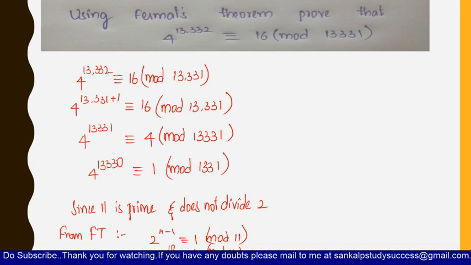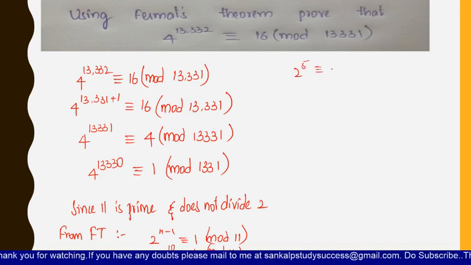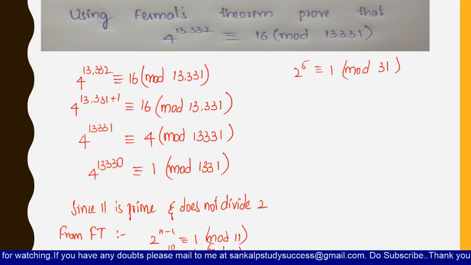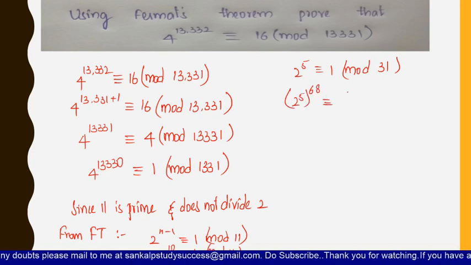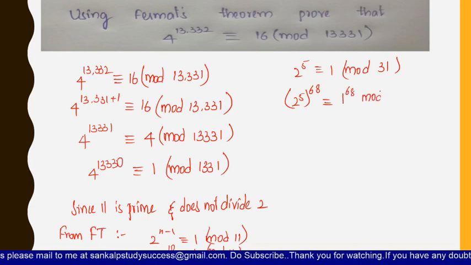So what happens is, now 2 to the power 5, if you consider 2 to the power 5, then again it becomes 1 mod 31. Am I correct? 2 to the power 5 is nothing but 32 and 1 mod 31. Okay. Now, if you raise it to the power 68, it will be congruent to 1 to the power of 68 mod 31, right?